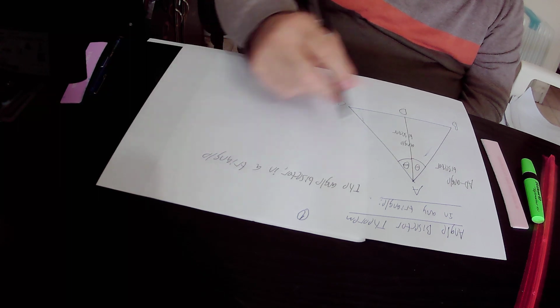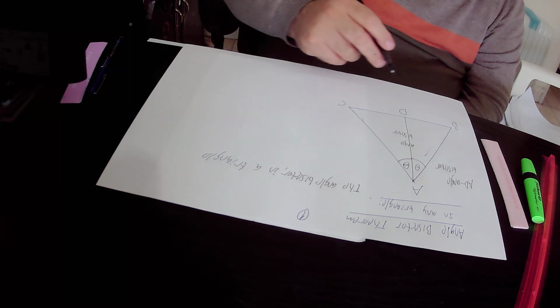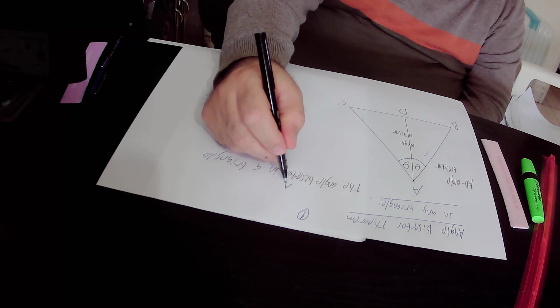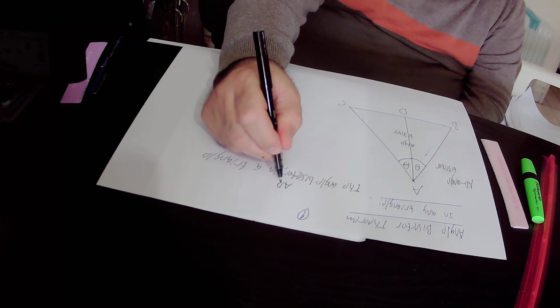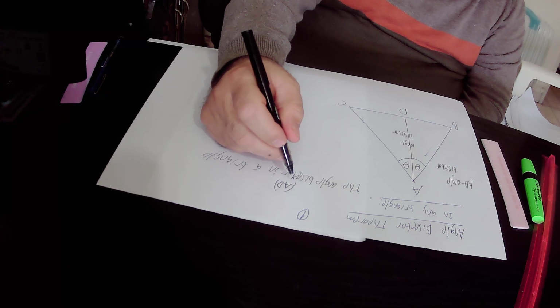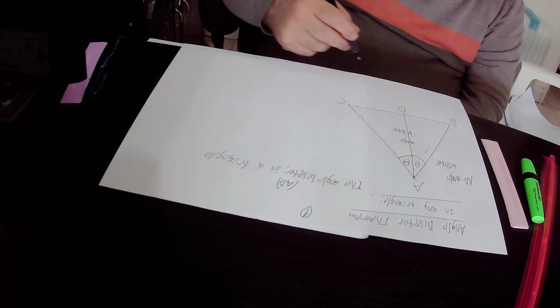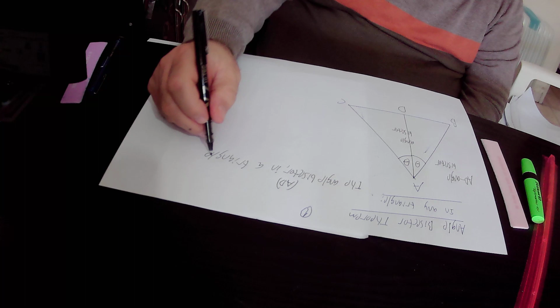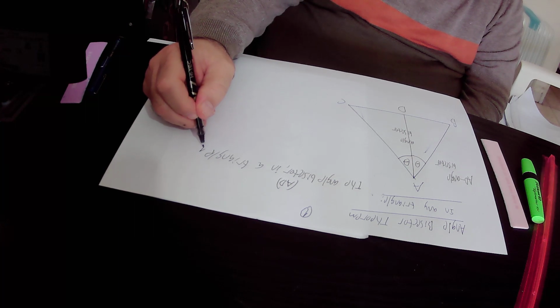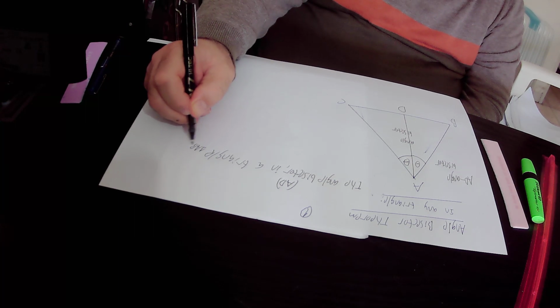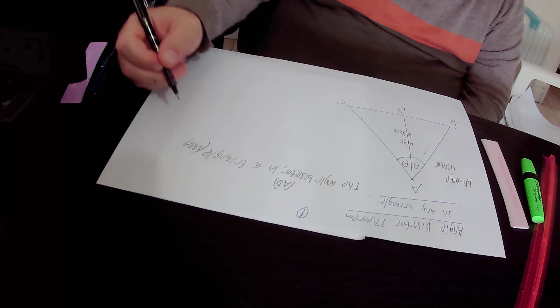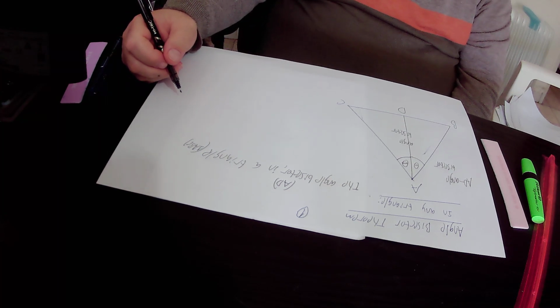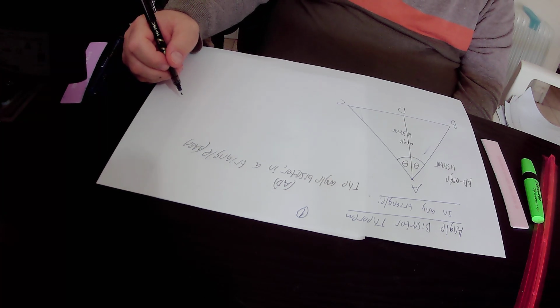In our specific case, the angle bisector is AD, so we'll enter it in brackets, that is, we are relating to line segment AD in triangle ABC.